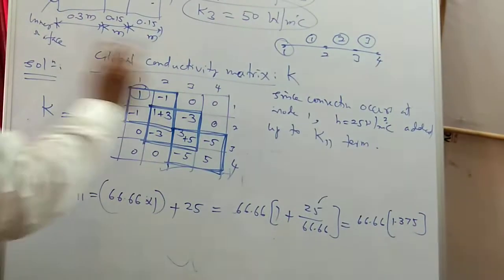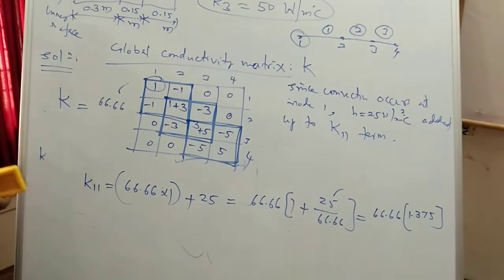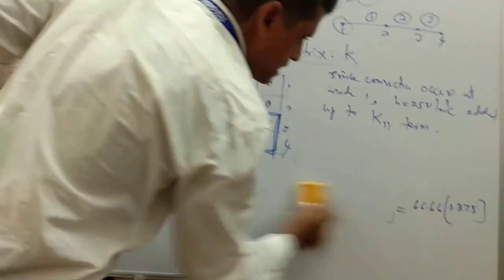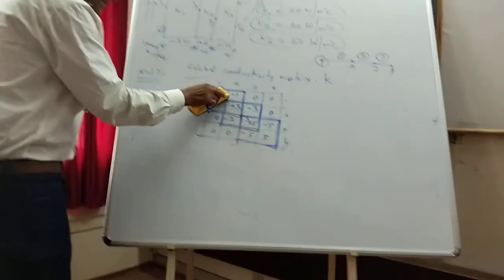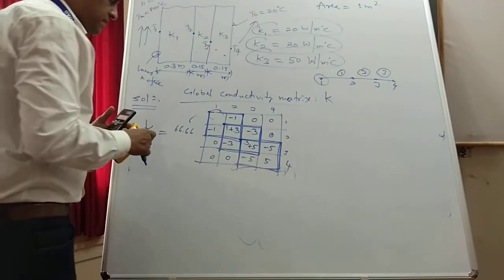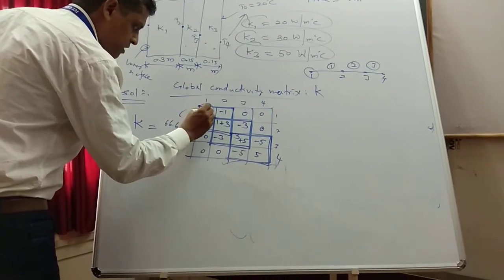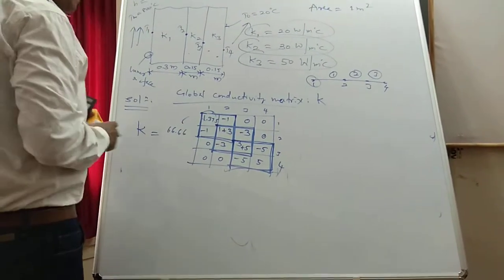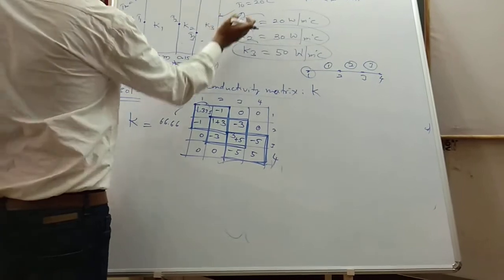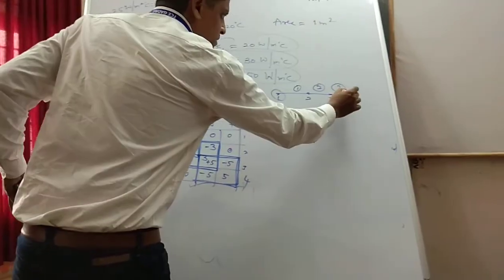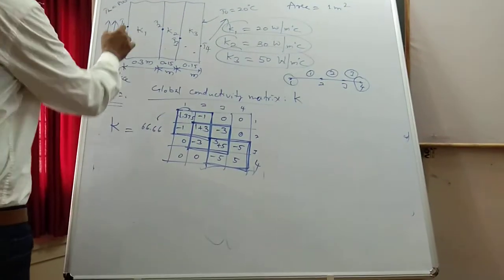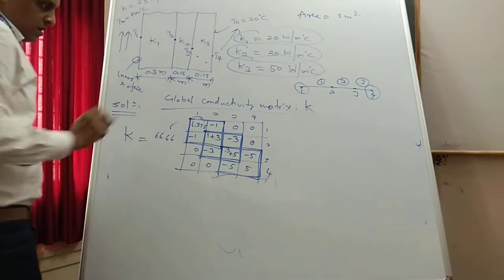Hence by considering the convection, we got the global conductivity matrix modified. Now we have the K matrix with 1.375. If the convection is occurring on the right side, then add the H value to node 4. Here the convection is occurring at node 1.